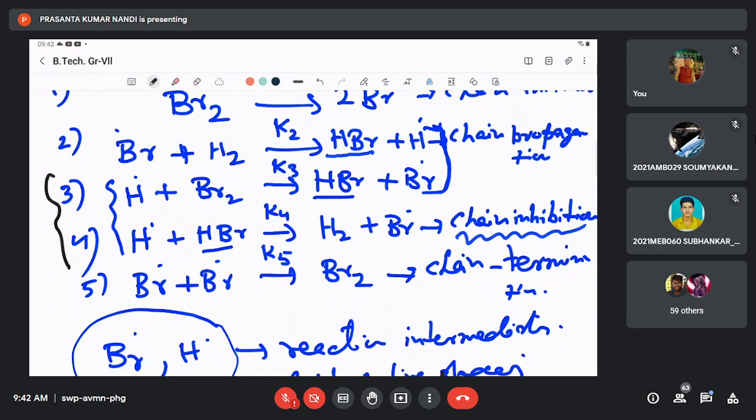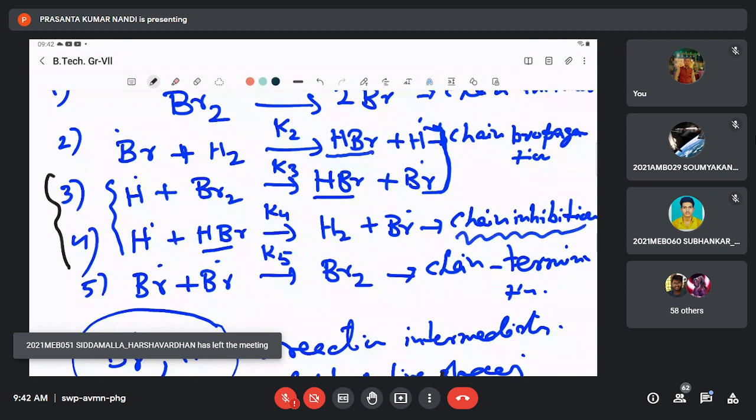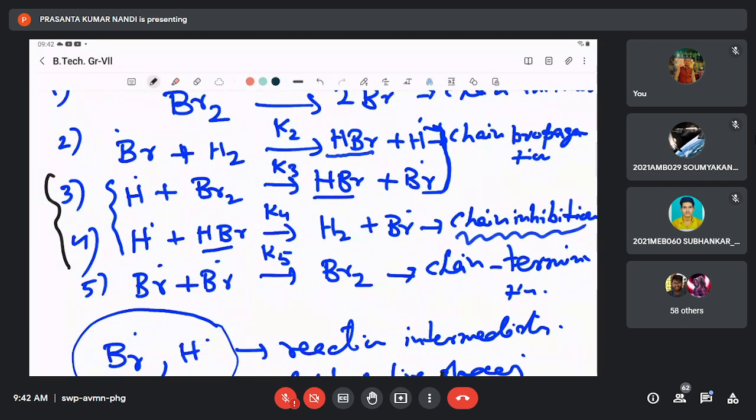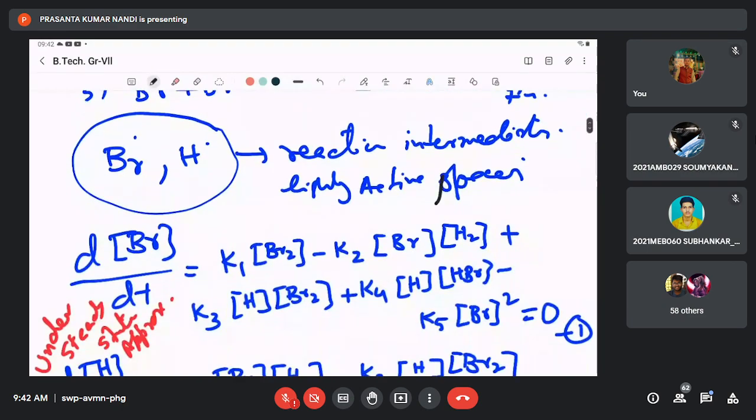The products formed are shown on the right hand side. So I am telling you, they are competing with each other.